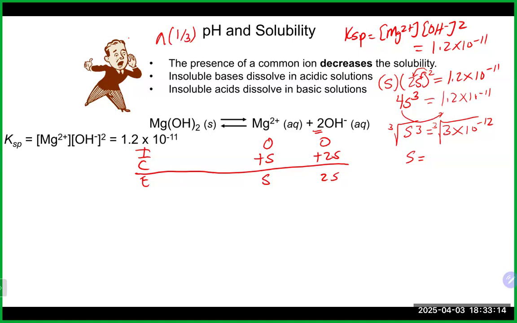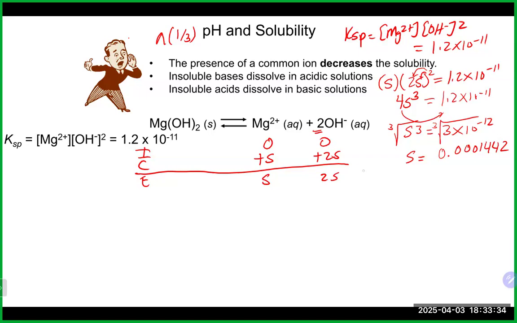I'll try that. Let's see. 1 divided by 3 looks good. All right, so that's going to give us an s of 0.001442.